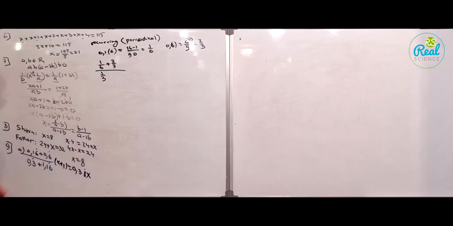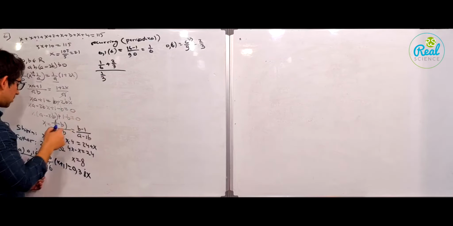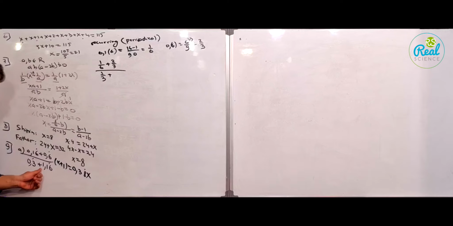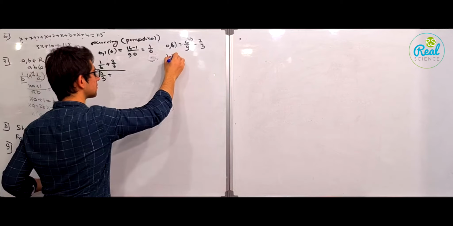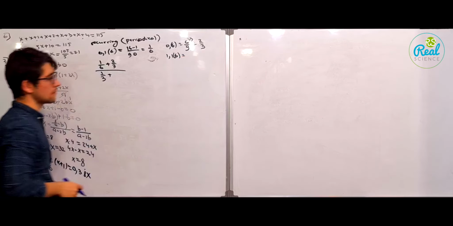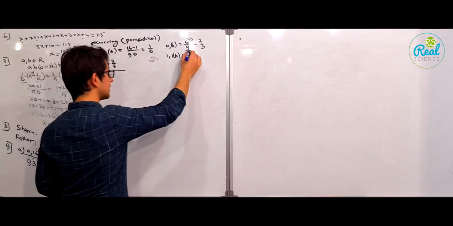0.3 recurring, okay. Plus 1.16 recurring. How can you convert it? 1 and 16 minus 1 over 90. Is that 7 over 6?